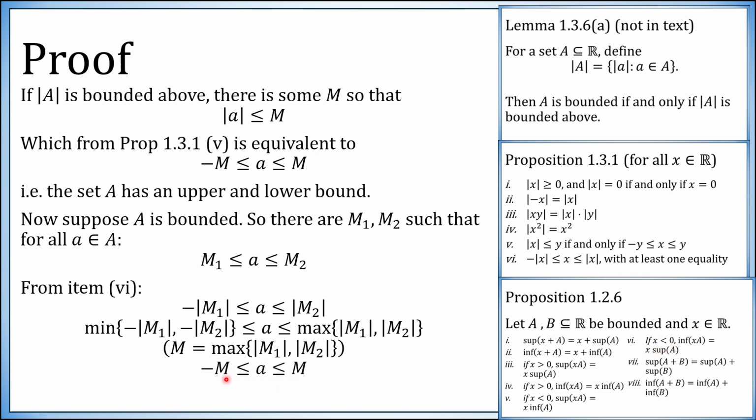In other words, A is in between plus or minus M. Now I can go back and cite item 6 here. Sorry, not item 6, item 5. If A is in between plus or minus M, I conclude that the absolute value of A is less than or equal to M. In other words, the set of absolute values is bounded above, completing the proof of this little preliminary lemma 1.3.6a.